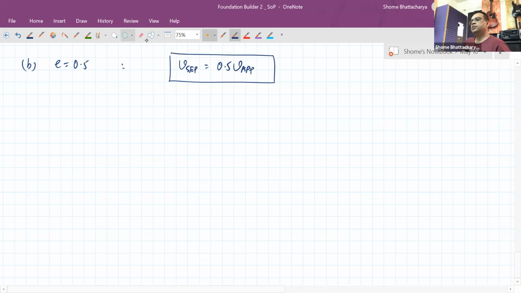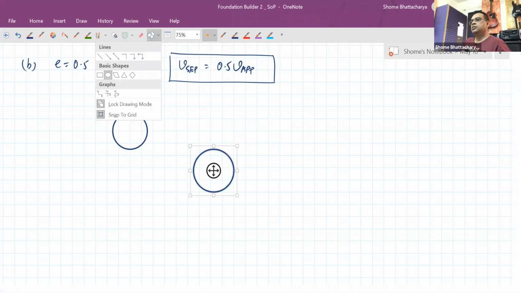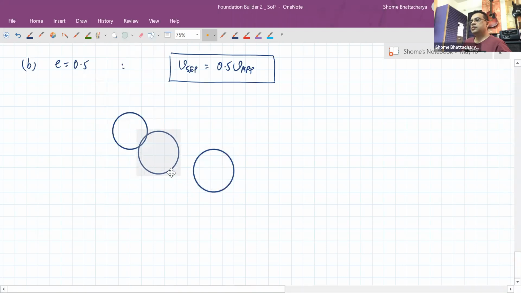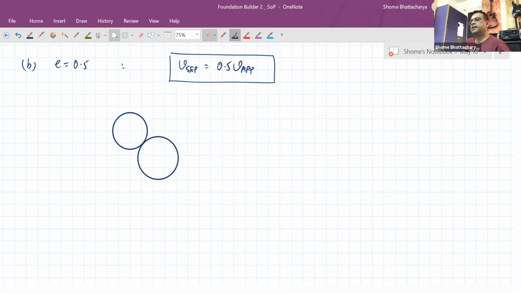Now if you look at the situation just before impact, you will realize that the approach velocity will be the component of, so this is just before impact. In the diagram it looks like they've come in contact, but this is just before they come in contact.